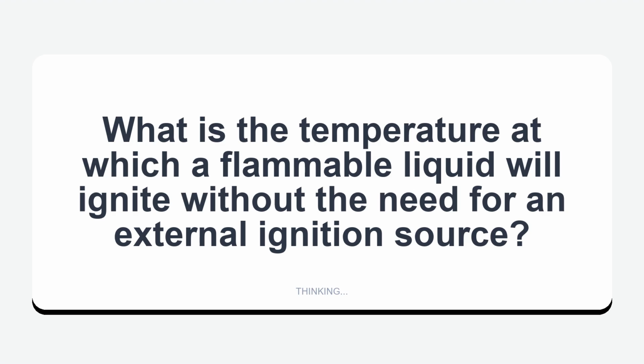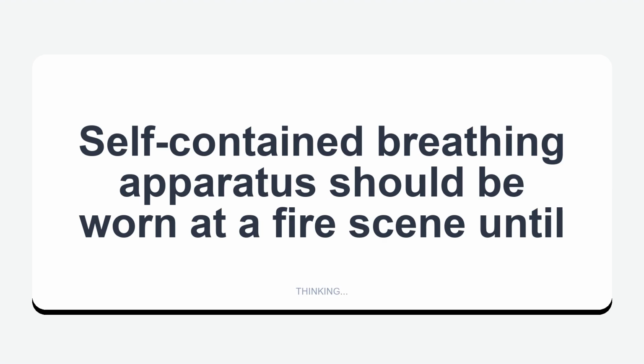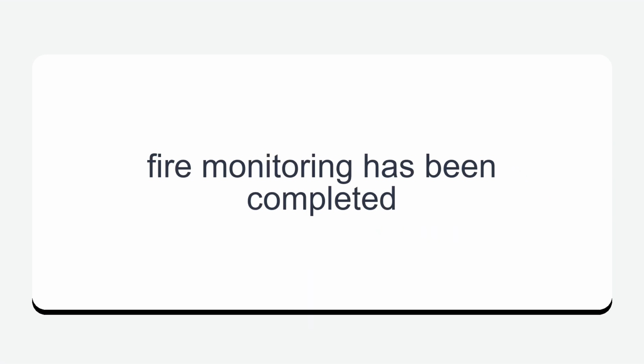What is the temperature at which a flammable liquid will ignite without the need for an external ignition source? Ignition temperature. Self-contained breathing apparatus should be worn at a fire scene until fire monitoring has been completed.